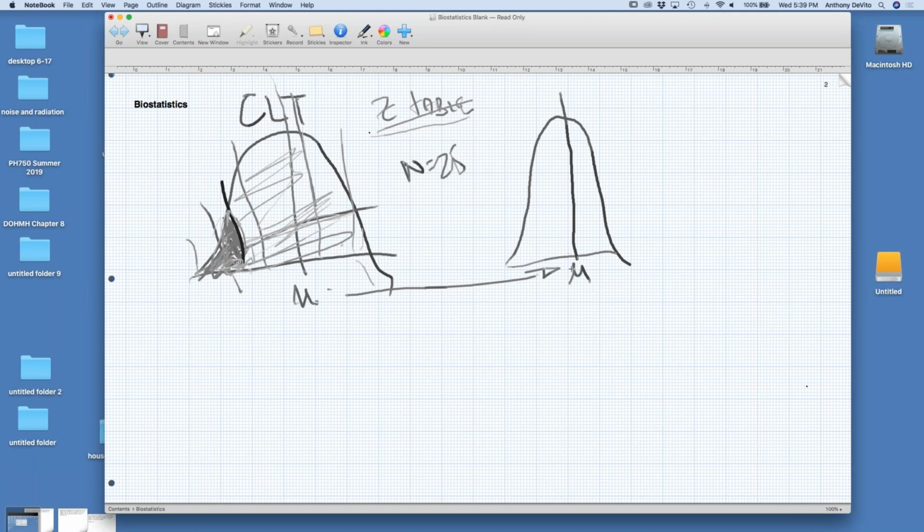I'm going to call this mean X bar for argument's sake. It is the mean of many samples taken from this population, with the averages of each sample put into a new distribution. Even though the mean is the same, or approximates the mean of the population, the width of this is going to be narrower, just because we're taking samples of 25 and averaging them and using them to create this distribution.